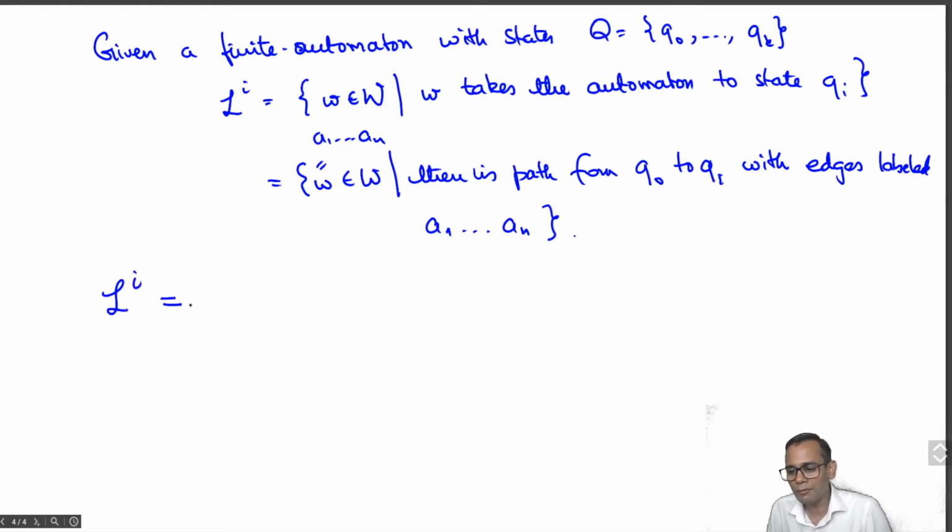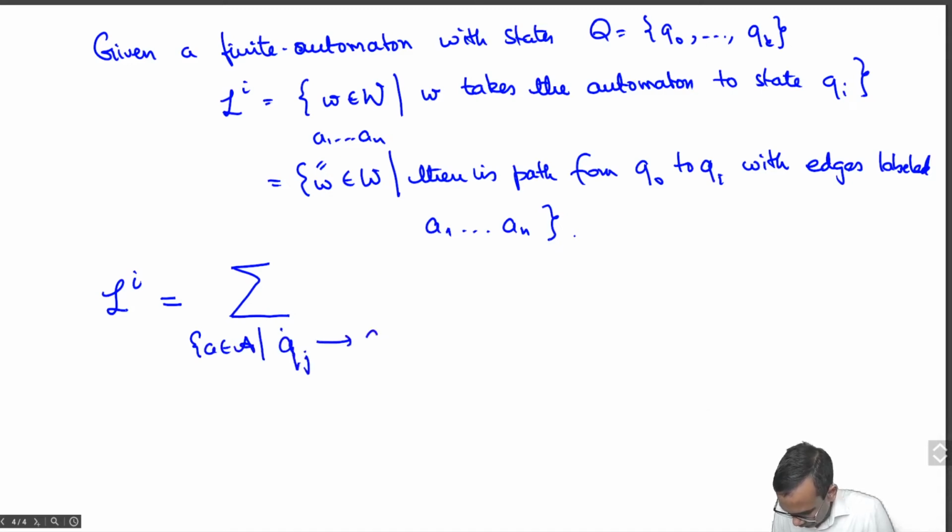Well, you'd have to come from some other state Qj such that there is an edge joining Qj to Qi, which is labeled by A. So what I claim is that Li as a combinatorial class is the sum over all letters A in the alphabet such that there is an edge going from Qj to Qi, labeled by A.